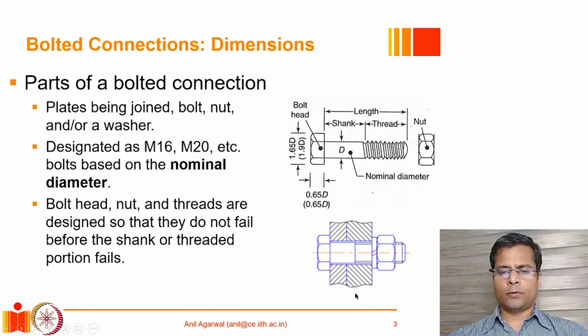Now, in order to understand bolts, first we have to understand what the dimensions are, how to classify bolts, etc. So this is basically an introductory lecture. A bolted connection consists of several components. The components include the plates that are being joined together. So for example, in this diagram, there is a plate here, there is a plate here.